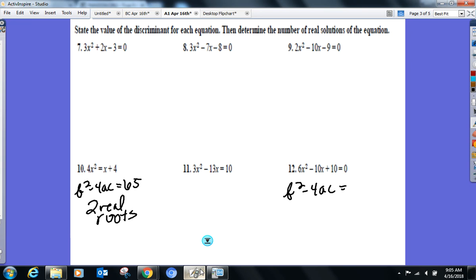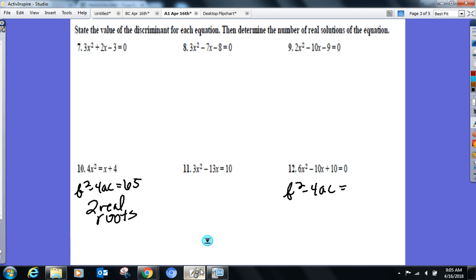By the way, if you're wondering, 11 is also 2 real roots, 289 for your discriminant. 13 was 161, 2 real roots. 14, negative 839, no real roots. And if anybody got to 15, that was 0, 1 real root.